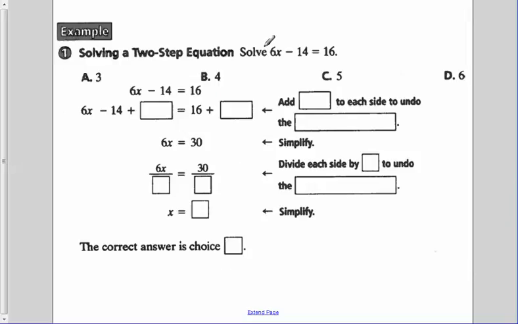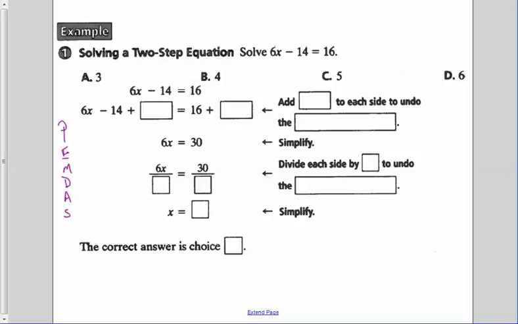If I have the equation 6x minus 14 equals 16, right now we have some answer choices, and I'll never give you multiple choice, but for this example we have some options. So 6x minus 14 equals 16. I am first going to work backwards with my order of operations. Remember, we have parentheses, exponents, multiplication, division, addition, and subtraction.